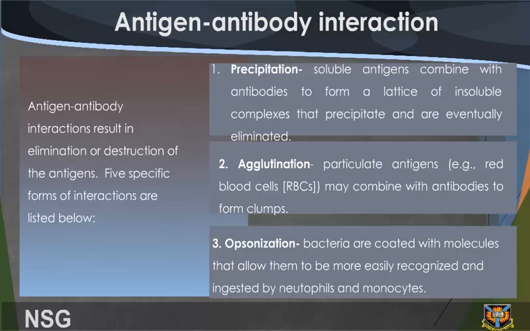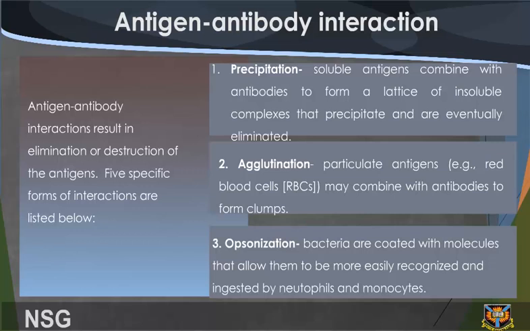5 specific forms of interactions are listed below. 1. Precipitation. Soluble antigens combine with antibodies to form a lattice of insoluble complexes that precipitate and are eventually eliminated. 2. Agglutination.